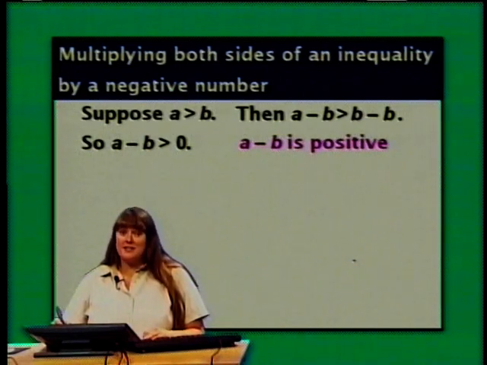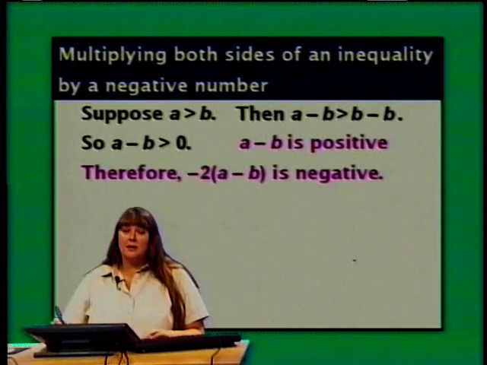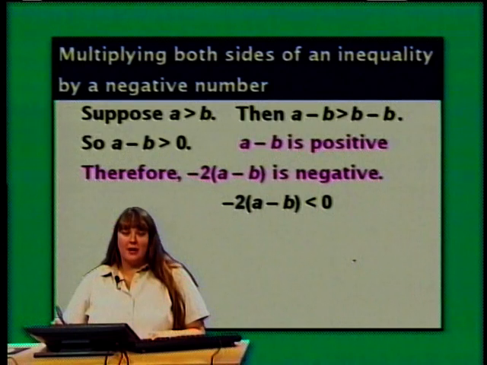If we take a positive number and multiply it by a negative number, we get a negative number. So if I take a minus b and multiply it by negative 2, I get a negative number. In symbols, negative 2 times the quantity a minus b is less than 0. That's the same as saying negative 2 times the quantity a minus b is negative.